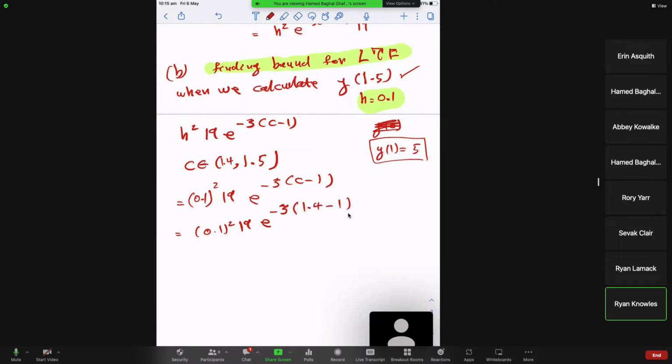In the solution this part has been missed, but we can put this one: 19 divided by 100 times exponential of 3. I will put 1 instead of 1.4.